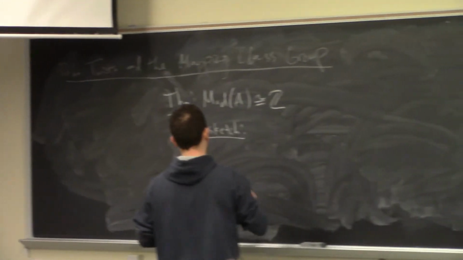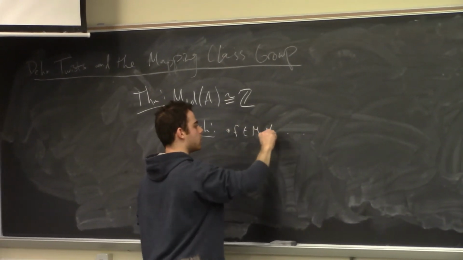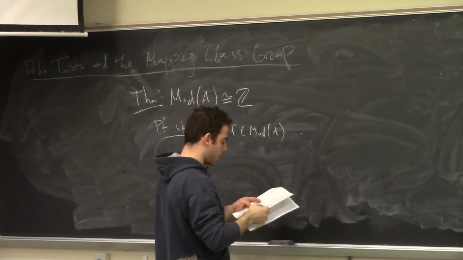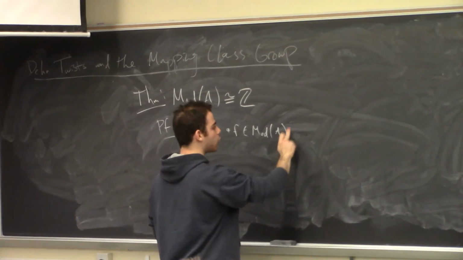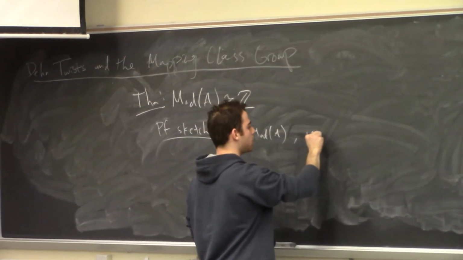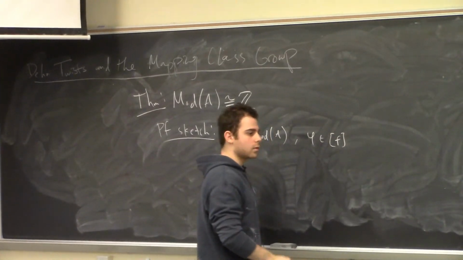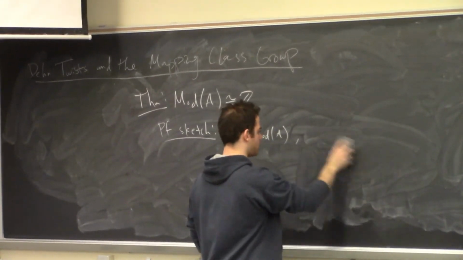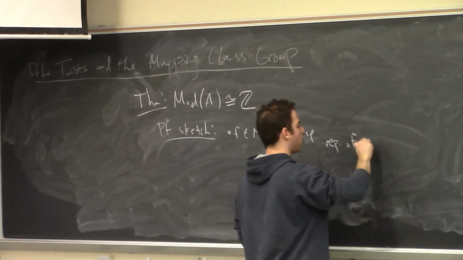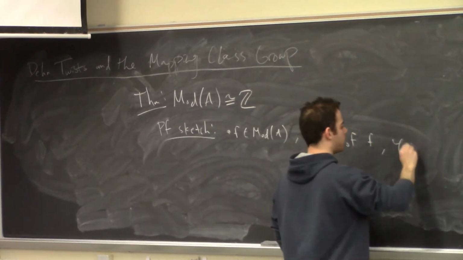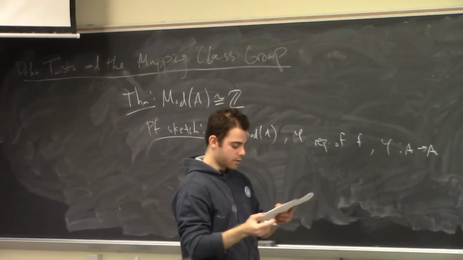Now, let's let F be in the mapping class group. Remember, F is an equivalence class of functions, and let phi be some representative of F. All this means is that phi is an orientation-preserving homeomorphism from the annulus to itself.